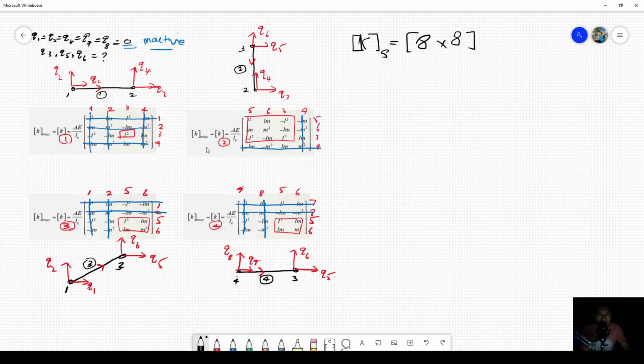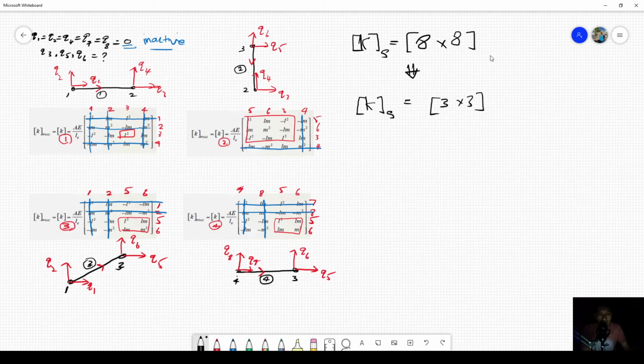But now after we apply the boundary conditions, it allows us to write our stiffness matrix for the whole system, which is reduced into 3 by 3 in terms of its size.